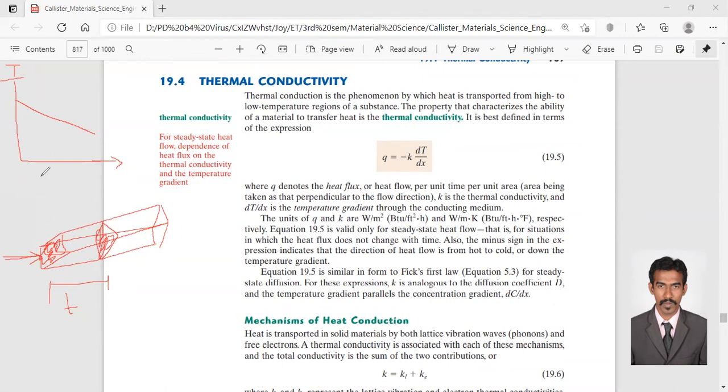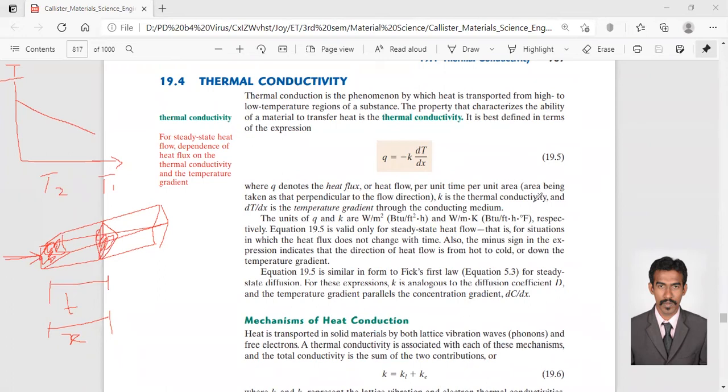Say for example, here I have T2 and here I have T1, and this length is x, right? So this equation will come as minus k into T2 minus T1 divided by x, that's the distance. That will give you the q, the heat flux.